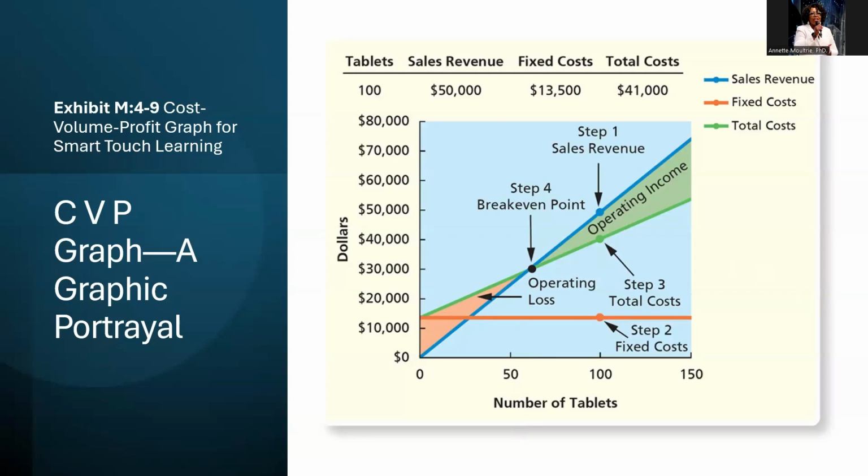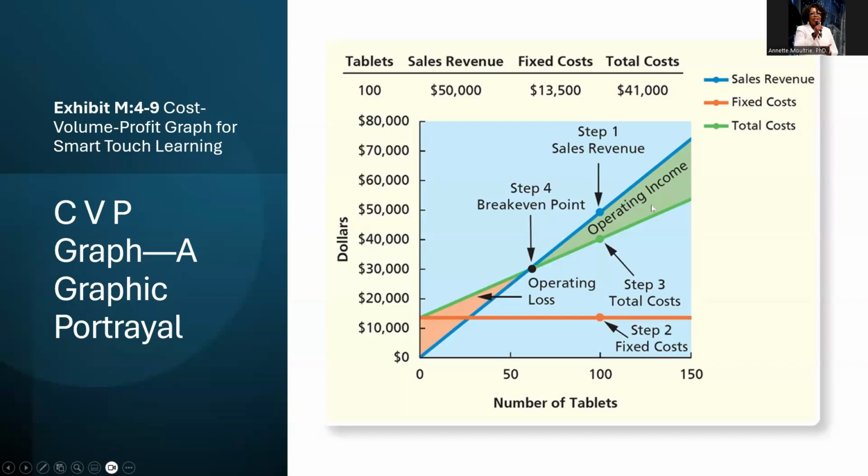Operating income area, this area right here, is where the sales revenue surpasses total cost, leading to profit.